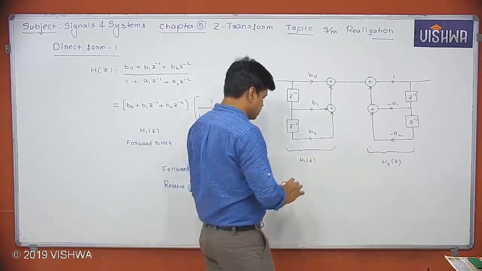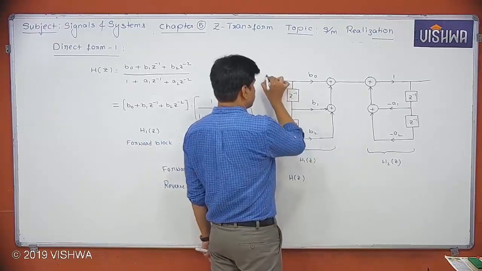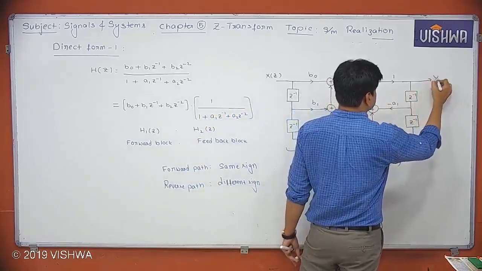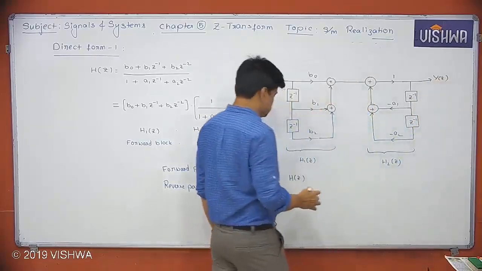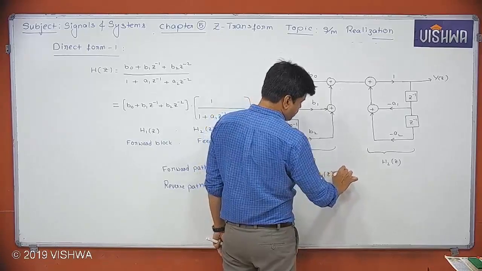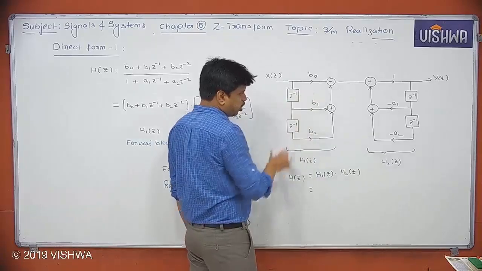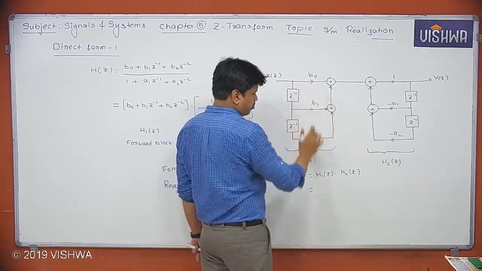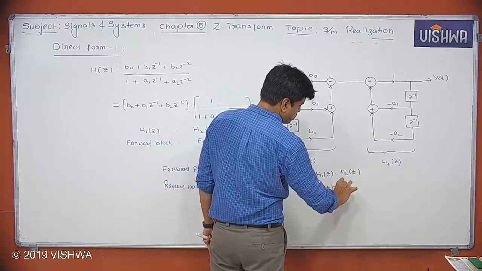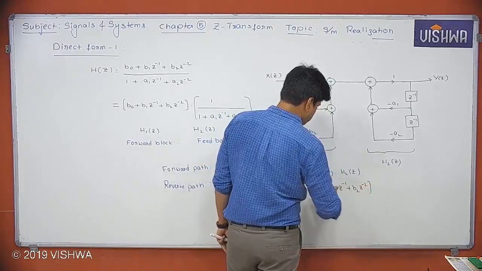Finally, what is H object? Here we are having X object, here we are having Y object. So what is H object actually? H1 object multiplied with H2 object. So can you write H1 object directly by seeing this block diagram? You can say B naught plus B1 Z inverse plus B2 Z power minus 2.